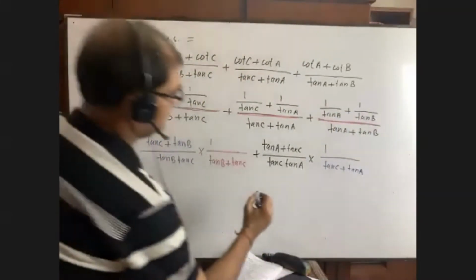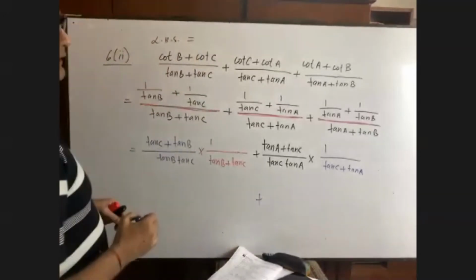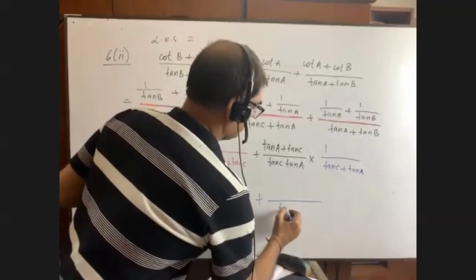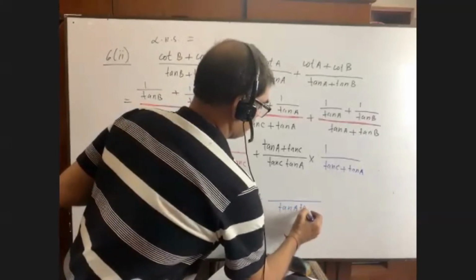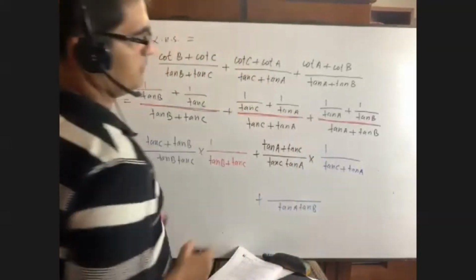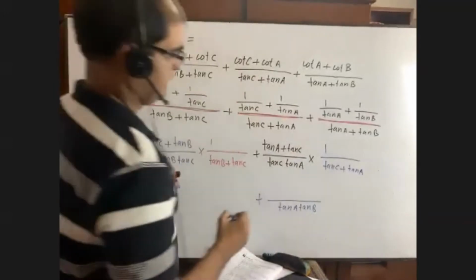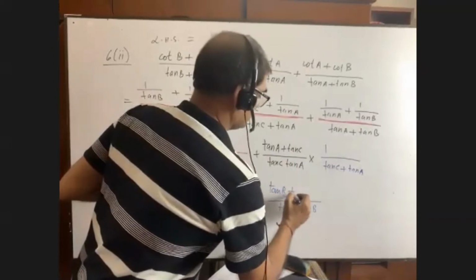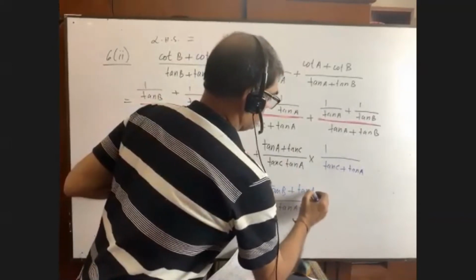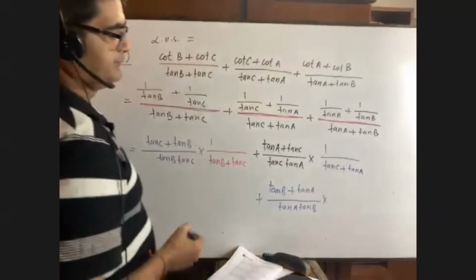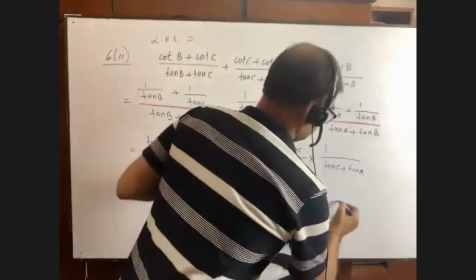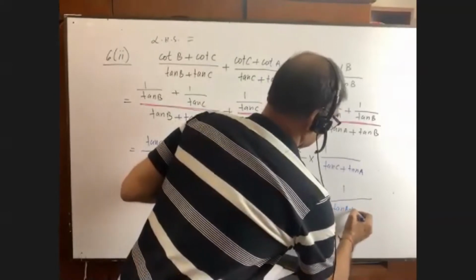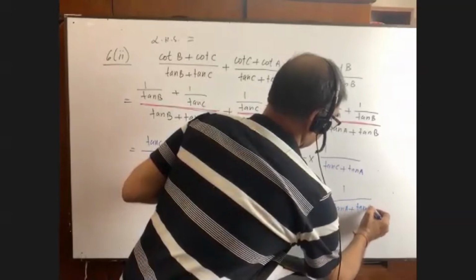And we are left with the last term. That is, we can also have the LCM tan A tan B, very easy and simple that you can do. And here it is tan B plus tan A into 1 by tan A plus tan B.